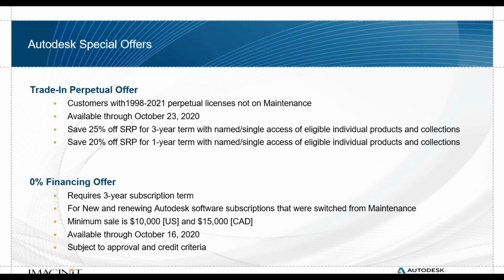So if you were to subscribe for a 3-year term, you would get 25% off the SRP. And if you would subscribe for a 1-year term, you would get 20% off the SRP.